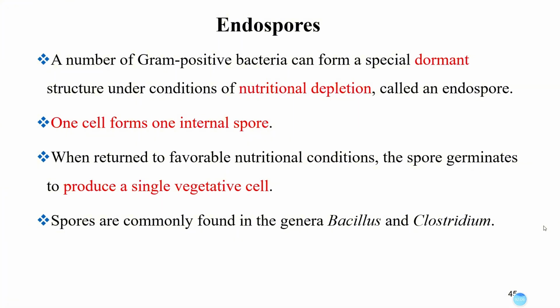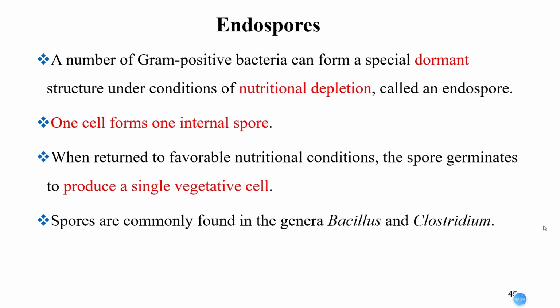The last structure we want to introduce is the endospores. Endospores are not found in the replicating bacteria. Only in special conditions, a number of gram-positive bacteria can form a special dormant structure inside the cell. For example, when the nutrition is getting limited, and this special structure we call endospore.